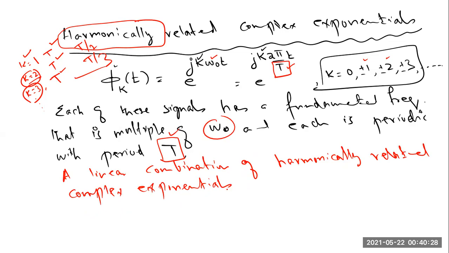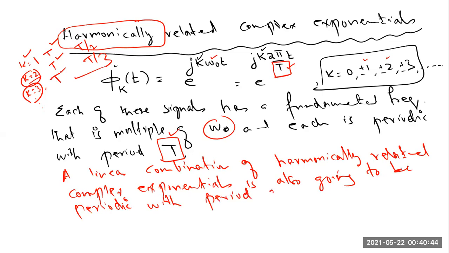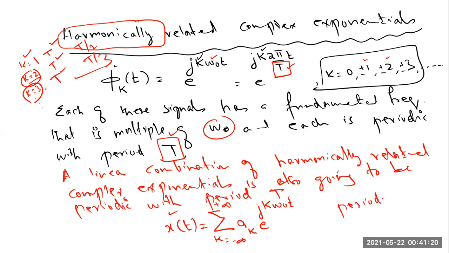A linear combination of harmonically related complex exponentials is also going to be periodic with period capital T. It means that if I use this representation, a summation of some constant factor a sub k times e to the power j k omega naught t, for k equal to minus infinity to plus infinity, that is going to construct a signal x of t, and this signal will be periodic with period T.